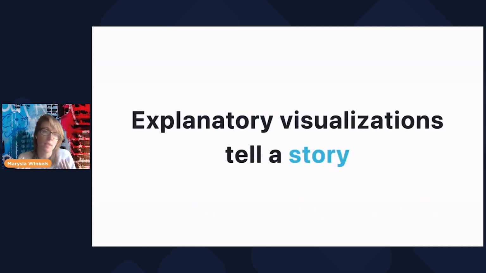So, explanatory visualizations tell a story. Maybe your analysis revealed that the recent changes to the marketing campaign made people look more favorably towards your company, and therefore you recommend continuing with this. Or you've discovered that chickens grow best on a certain diet, therefore you recommend this diet. There's often a point.